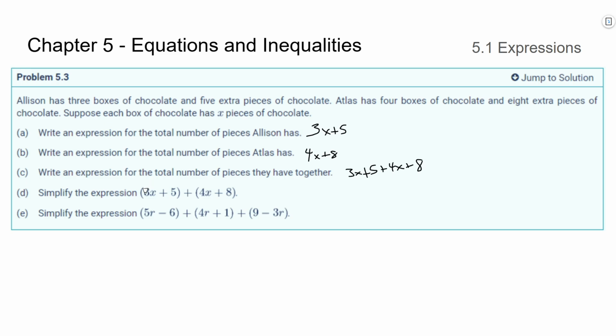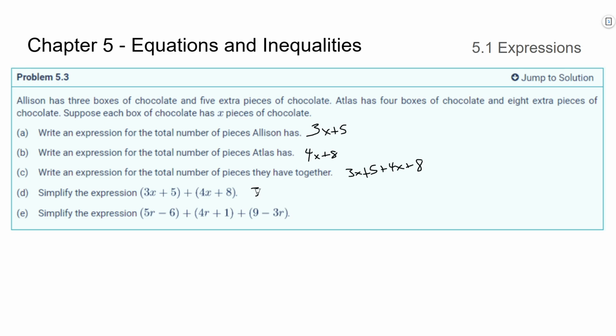And then they did the same thing, but with parentheses around these. So we'll simplify this expression. We don't really need these parentheses. They don't really do anything. So we know we can rearrange this. We can bring the 3x and 4x and group those together. We know addition is associative, so we can regroup.